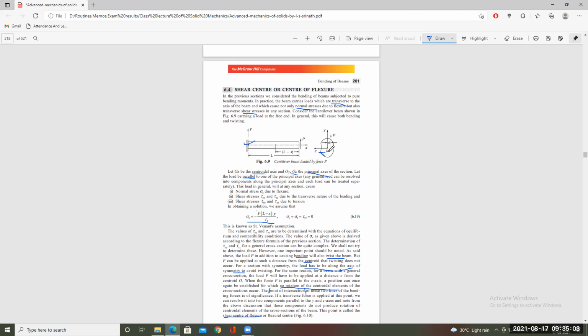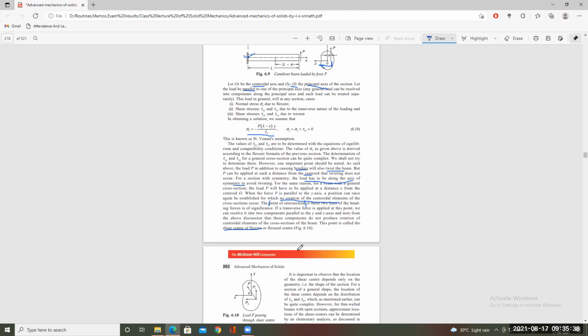The lines of action of these two forces meet at a point here, and if we apply an inclined load through it, its horizontal component will go along the z-axis and its vertical component along the y-axis, so the force does not create any torsion or twist over the beam. The point through which this type of force can be applied is defined as the shear center of flexure of the beam itself.